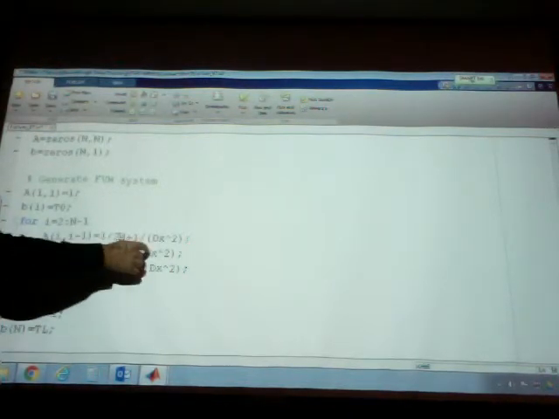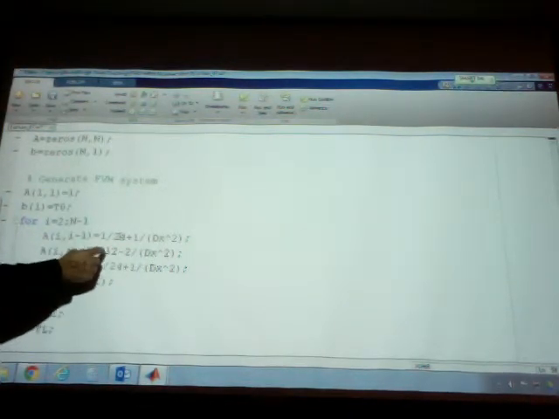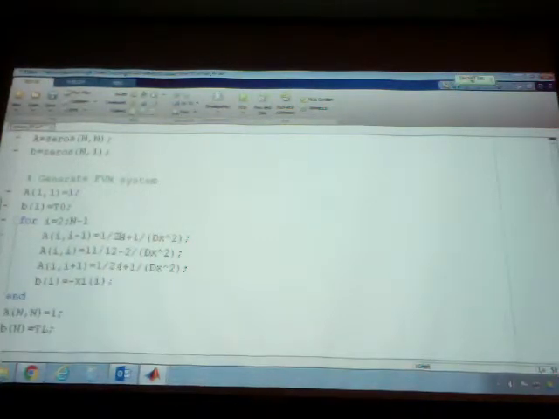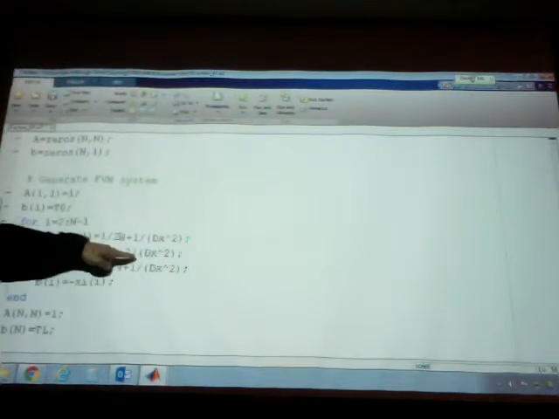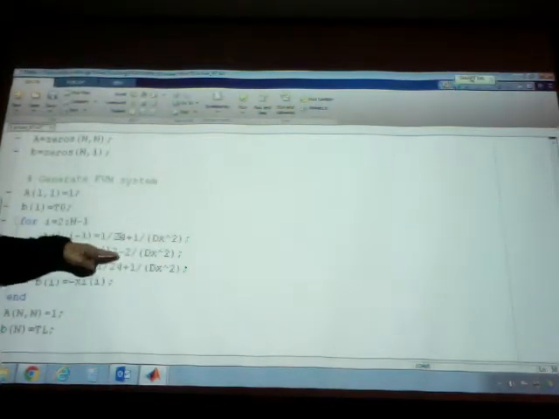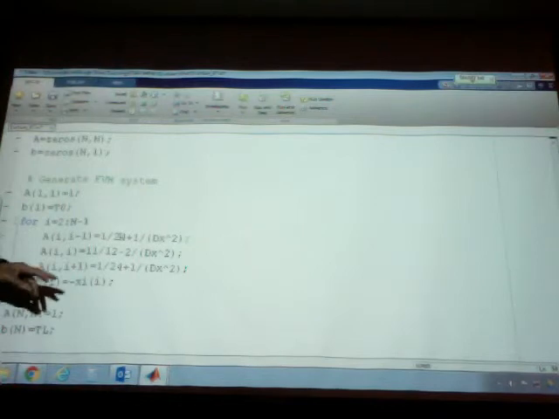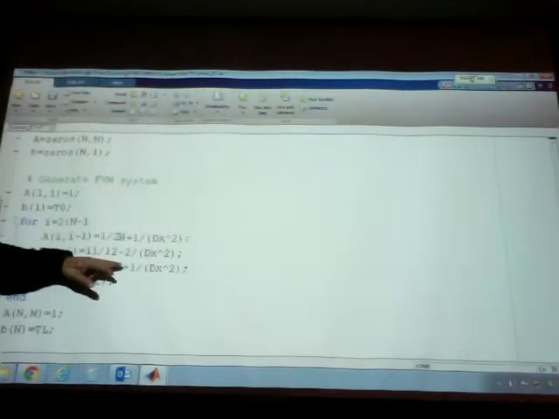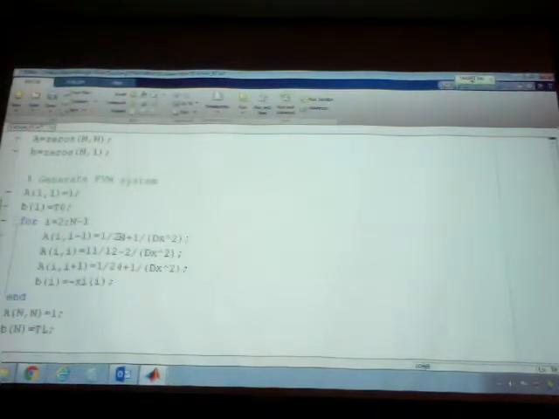Where we had 2 over delta x squared, now we have 11 over 12 minus 2 over delta x squared. And where we had just simply 1 over delta x squared, now we have 1/24 plus 1 over delta x squared. Still symmetric, because the equation is symmetric, but it's slightly different than the FDM solution. And the first and the last equations are identical, as you can see, because it's the first kind boundary condition.